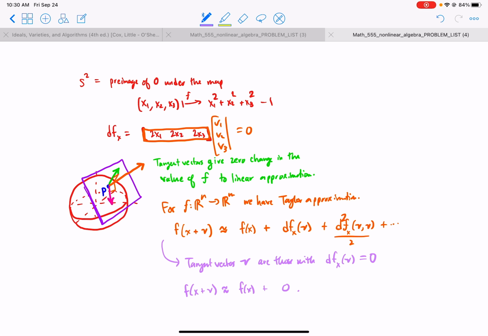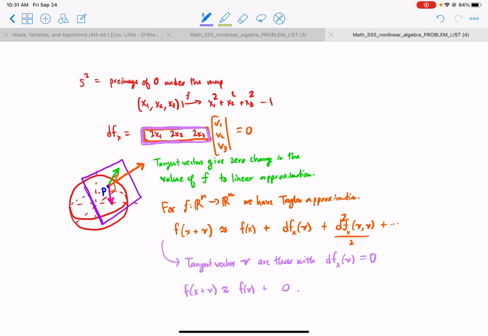Like here, these linear equations give the tangent space as a solution, whereas the row space of this gives the normal space. Just like the column space of the derivative of a parametrization gives the tangent space, the row space of the derivative of an implicit representation gives the normal space. So everything is just flipped.